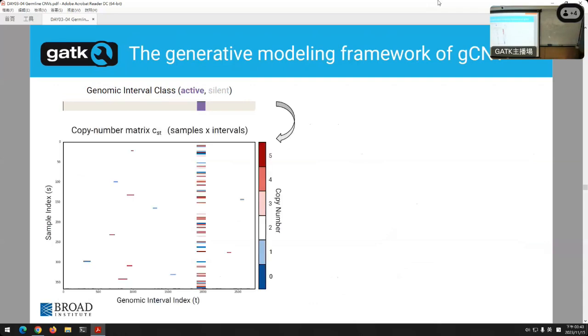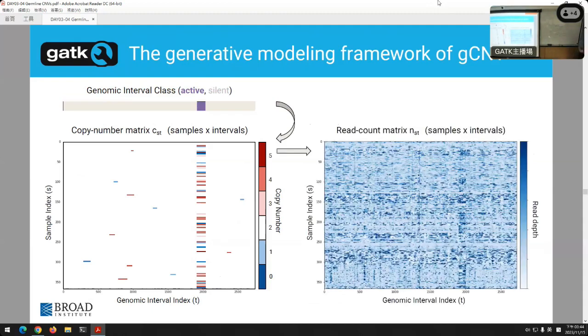The genomic interval class influences our matrix of copy number for each genomic interval in each sample, because as we can see here, we're much more likely to see variation in copy number in an active interval compared to a silent interval. So there's a relationship between those two underlying parameters.